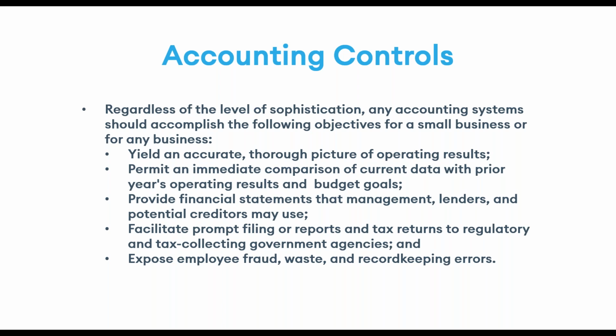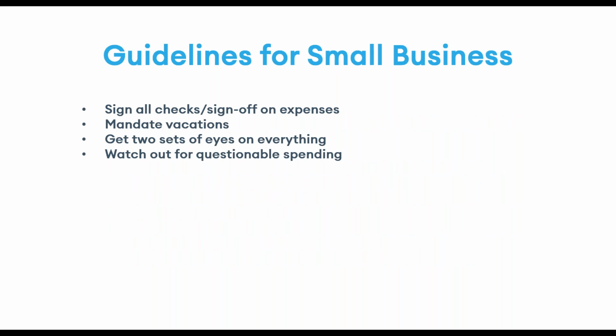You should be able to facilitate prompt filing of reports, and tax agencies or regulatory and tax collecting government agencies should be able to use those reports as well. And then also you should be able to expose employee fraud, waste, or record keeping errors.